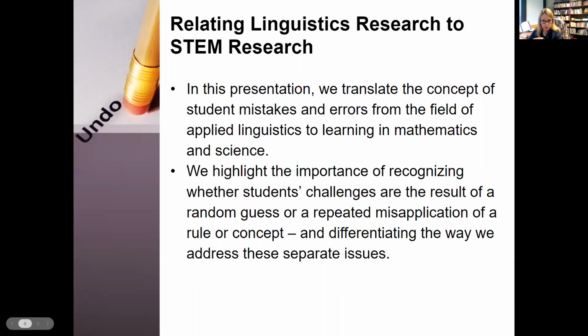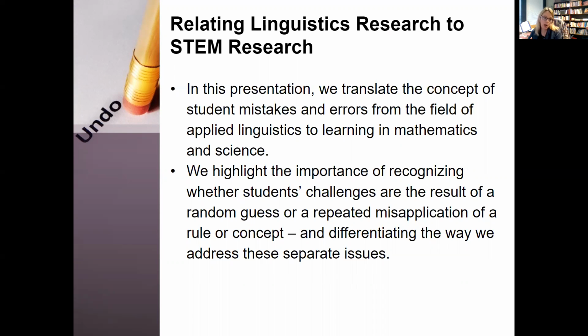In this presentation, we translate the concept of student mistakes and errors from the field of applied linguistics, which is again, language learning research, to learning in STEM. And we highlight the importance of recognizing whether students' challenges are the result of a random guess or a mistake in a procedure or a repeated misapplication of a rule or a concept.